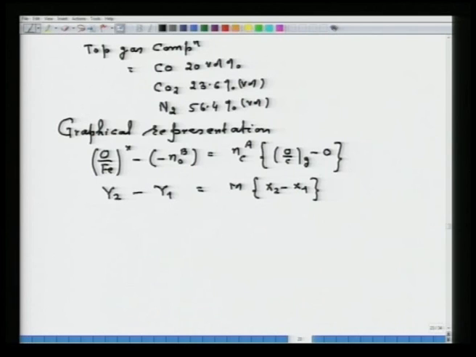So, the straight line will have slope m, and it will pass through the points (x1, y1) and (x2, y2). So, I will represent this line.